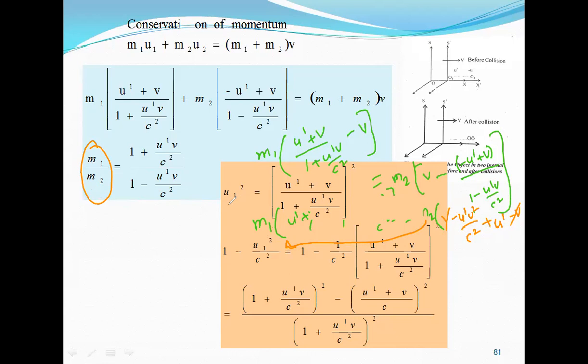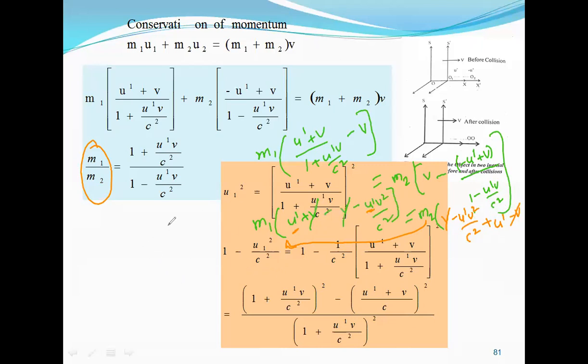Did we get the same or did we get something wrong? Here u1 prime is there, so this will cancel. Here also u1 prime is there. So now what are we going to get?